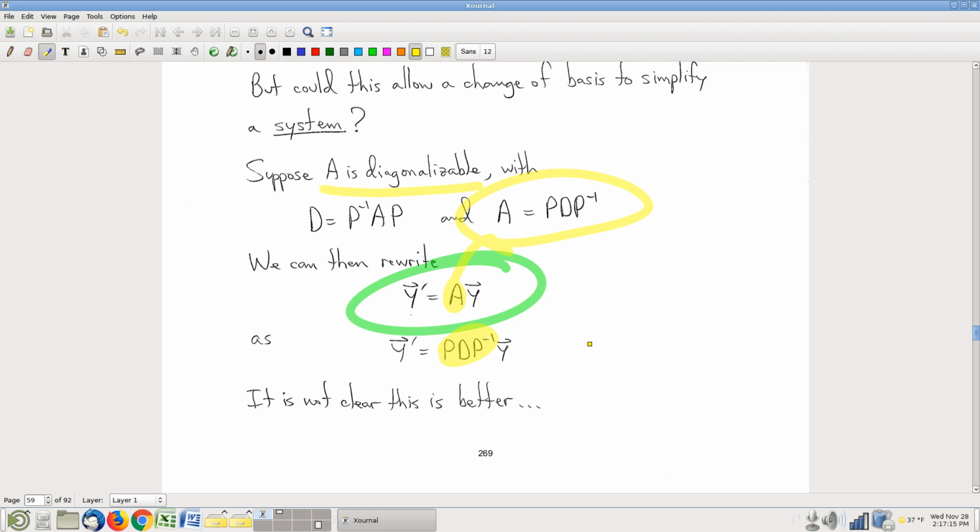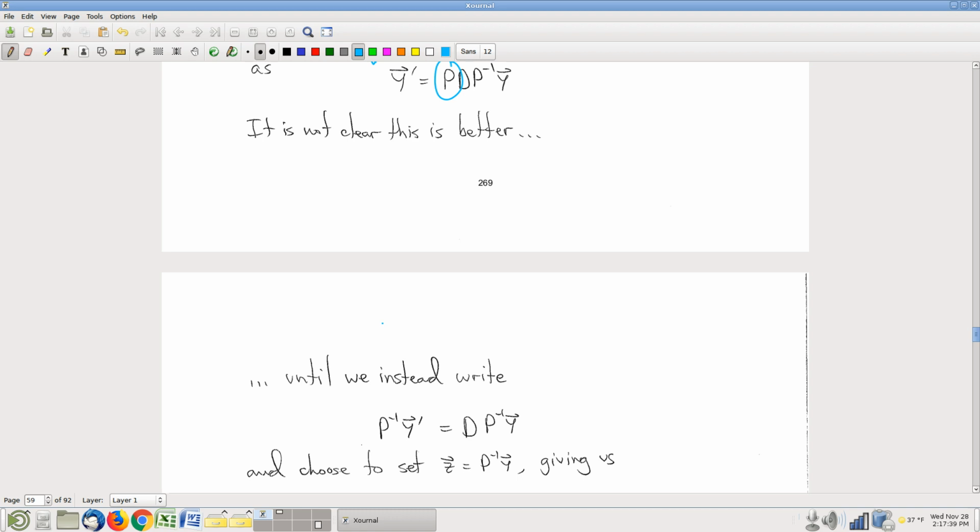Seems a little annoying. Right? The slick move at this point is this. We're going to take that P, we're going to multiply by its inverse on the left to effectively cancel it here and make its inverse appear over there. Right? And kind of a familiar algebraic move. That gives us this.